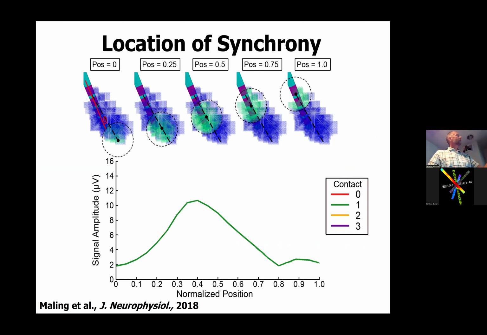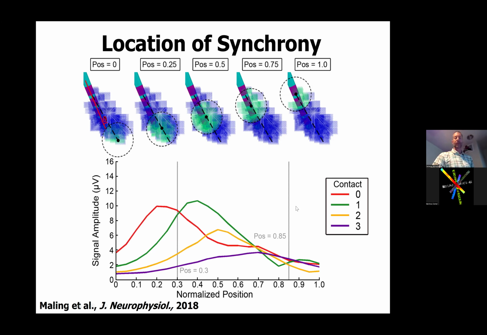And so, as you can imagine, your local field potential signal amplitude changes as you change the position of the synchronous volume, right? So as the synchronous volume moves around the STN, you're going to record different signal amplitudes at the different electrode contacts, right?